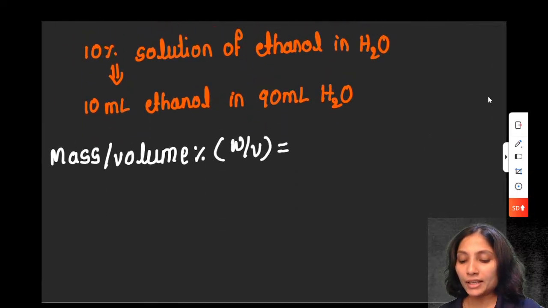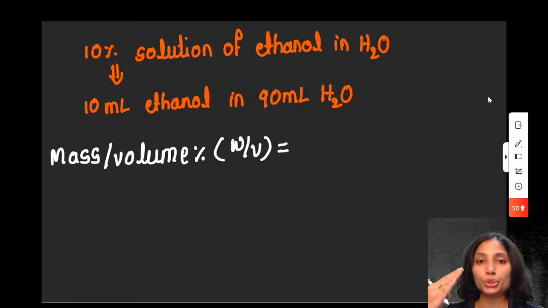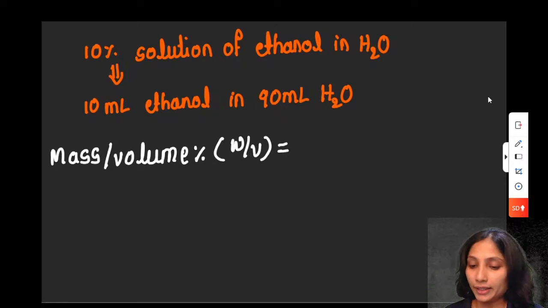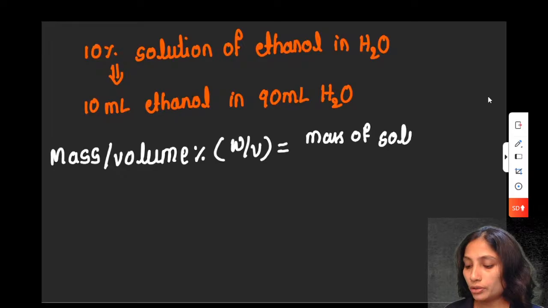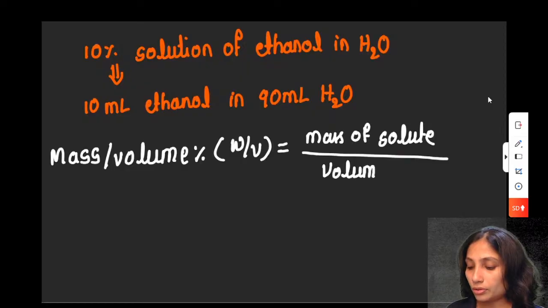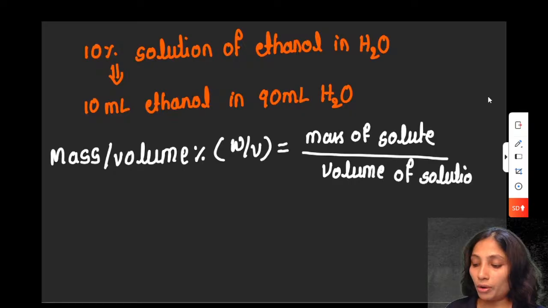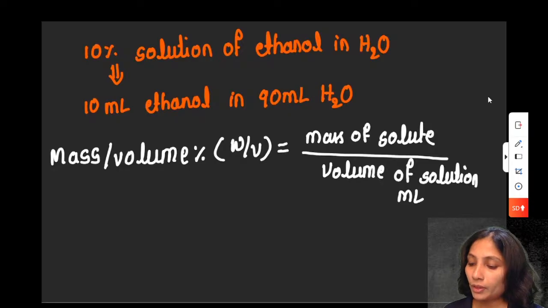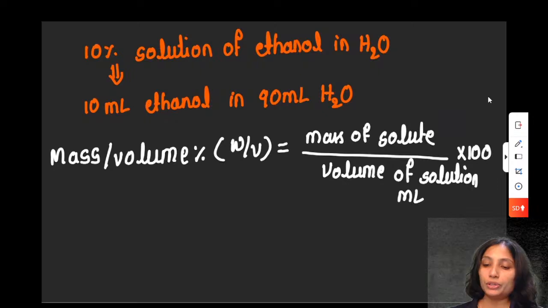And next one is mass by volume percentage. How can we calculate mass by volume percentage? Mass should come in the numerator, and in the denominator volume should be there. This is mass of solute divided by volume of solution, the volume of solution should be in ml, remember, into 100.